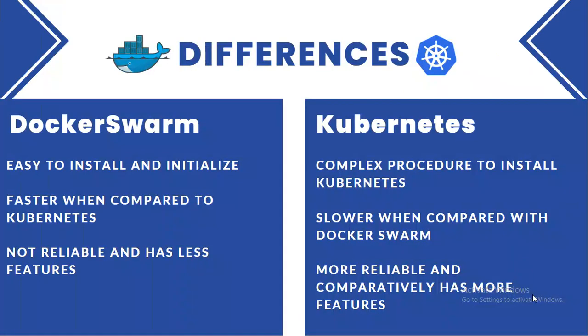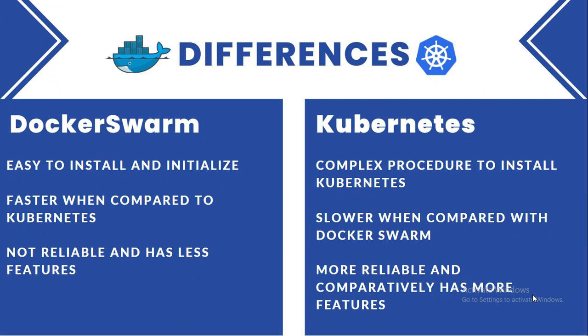So why is it so famous compared to other container orchestration tools? If I take Docker Swarm, on the left side we have Docker Swarm, on the right side we have Kubernetes. Docker Swarm is easy to install and initialize.